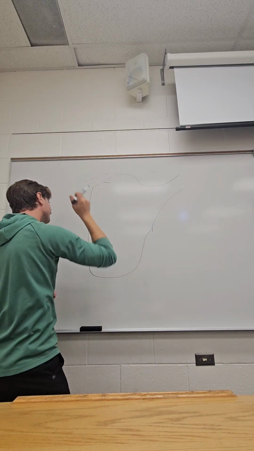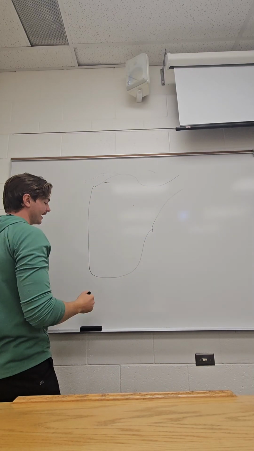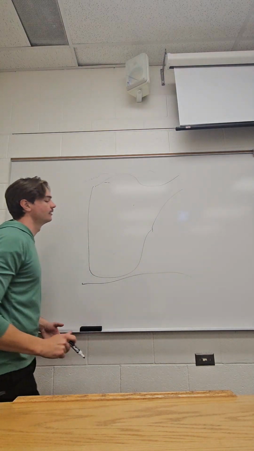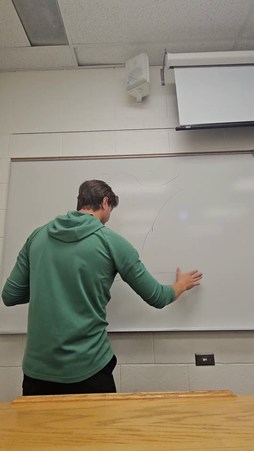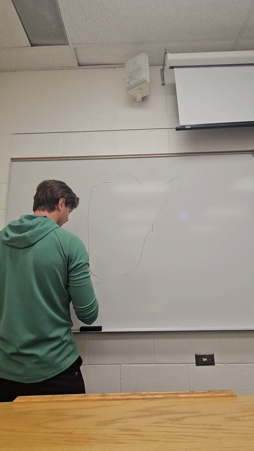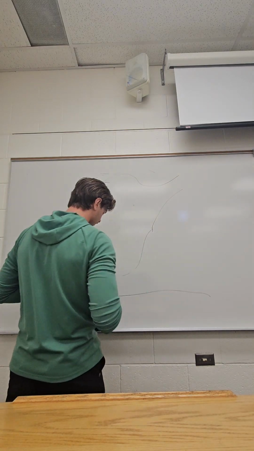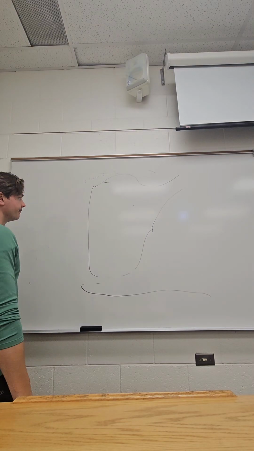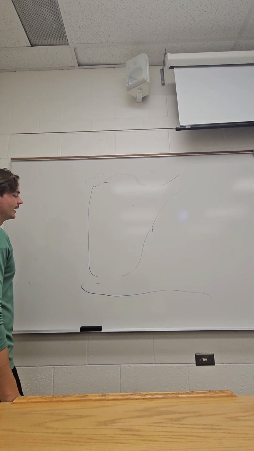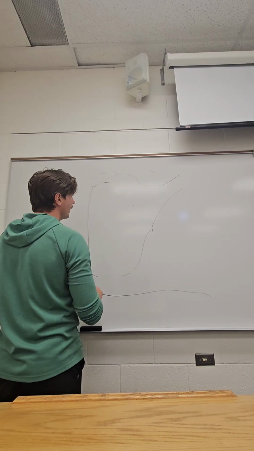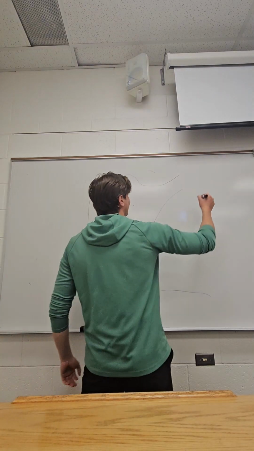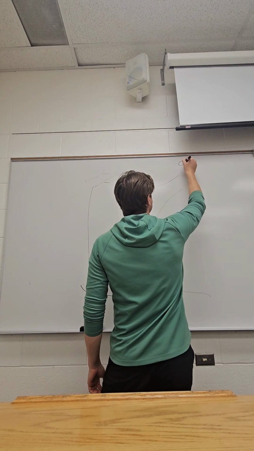So when we inhale, we have our diaphragm right here. When we inhale, the diaphragm contracts and it will go down like this, right? And what happens when that happens? Air from the outside will come rushing in.